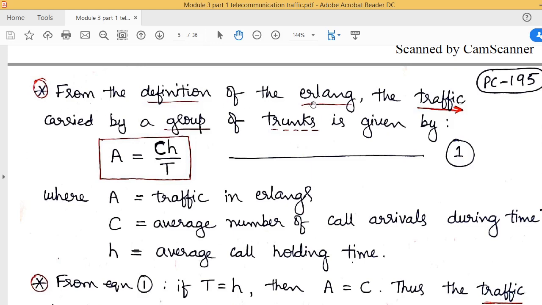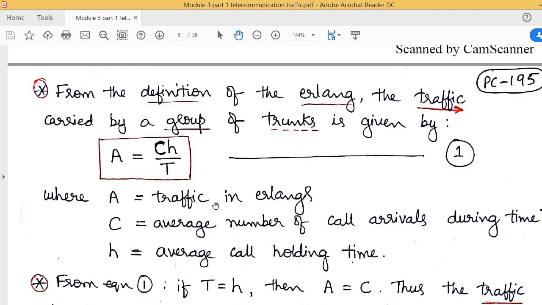From the definition of the Erlang, the traffic carried by a group of trunks is given by A equals CH by T. So we know through trunks we are making some traffic pass through a group of trunks, and the Erlang has provided a formula which defines the traffic expressed in Erlangs.